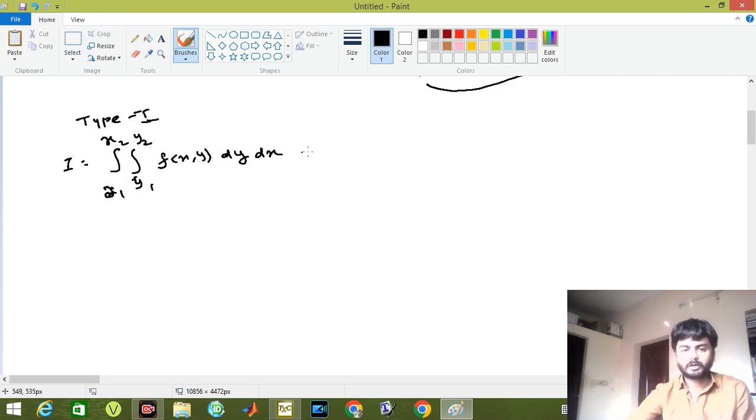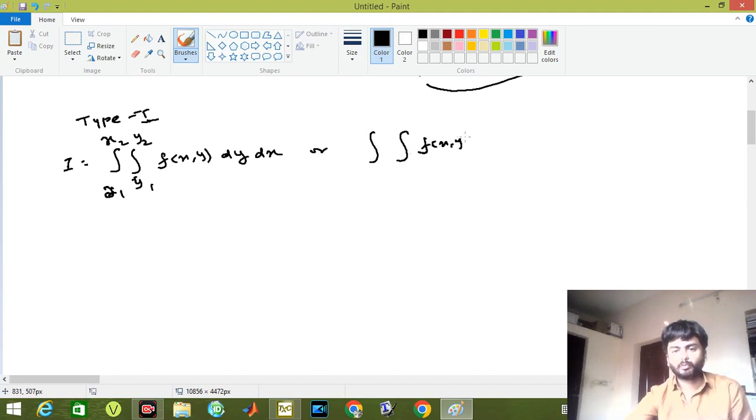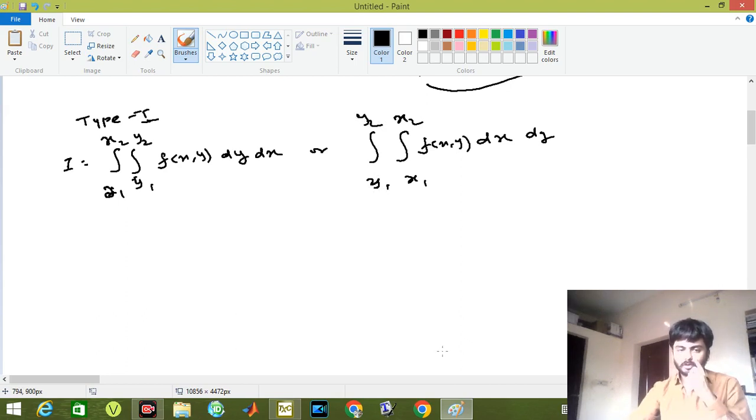Or you can change this to f of x comma y into dx dy. Then the entire function should be integrated with respect to x between the limits x1 to x2 and after that y1 to y2. Here the function is of two variables.